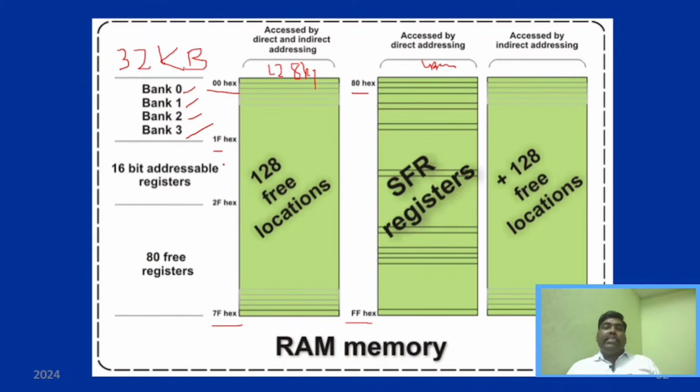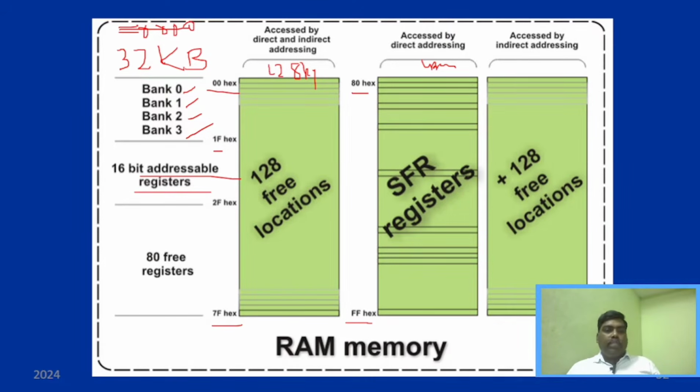Then you have 16 bytes of bit addressable registers, which are bit addressable. What is bit addressable? Say for example, you have 8 bits, but you want to access only 2 bits to represent any particular representation.